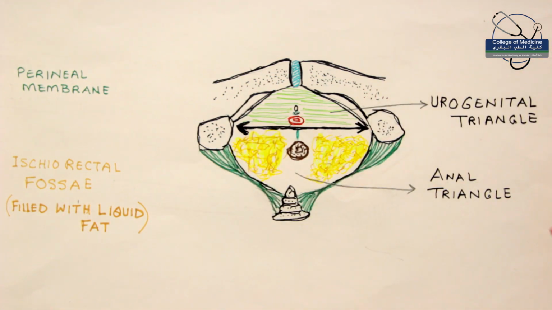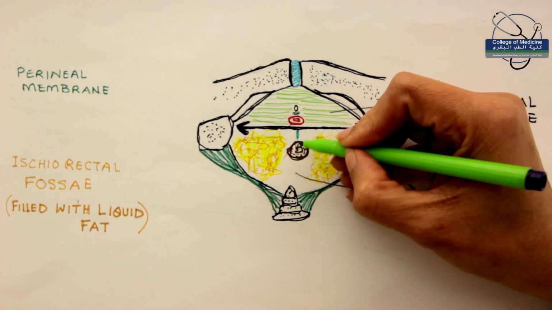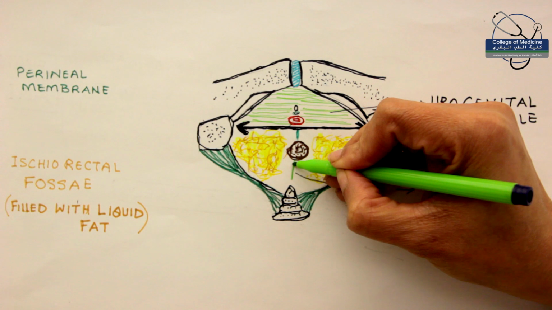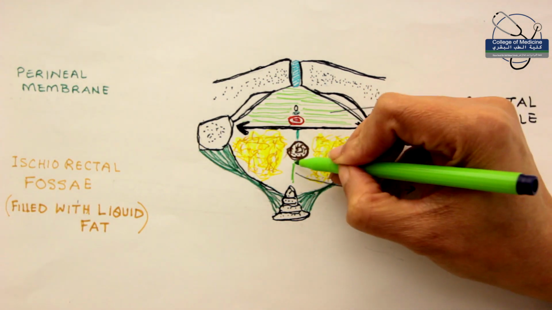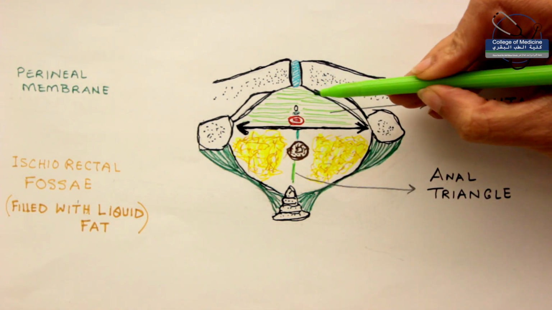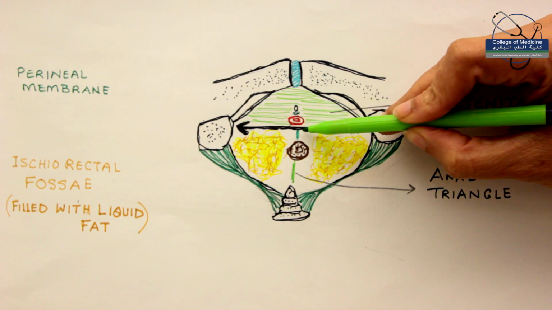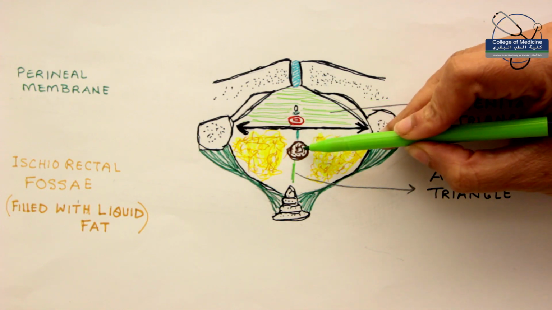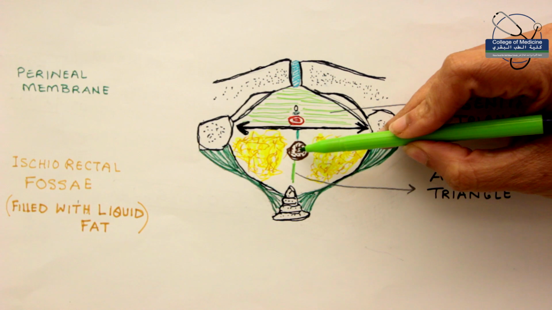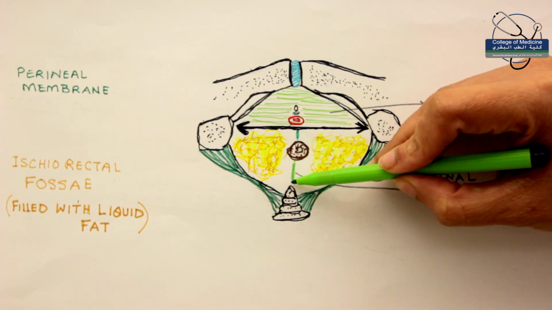All right. And you can see in the midline, I have to draw one more thing. In the midline, the right and left ischiorectal fossae are separated by the perineal body, the anal opening or anus, and the anococcygeal raphe.